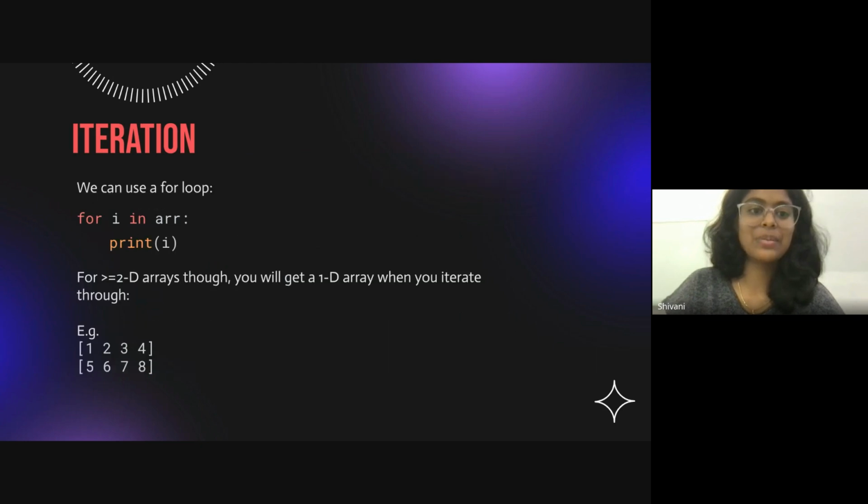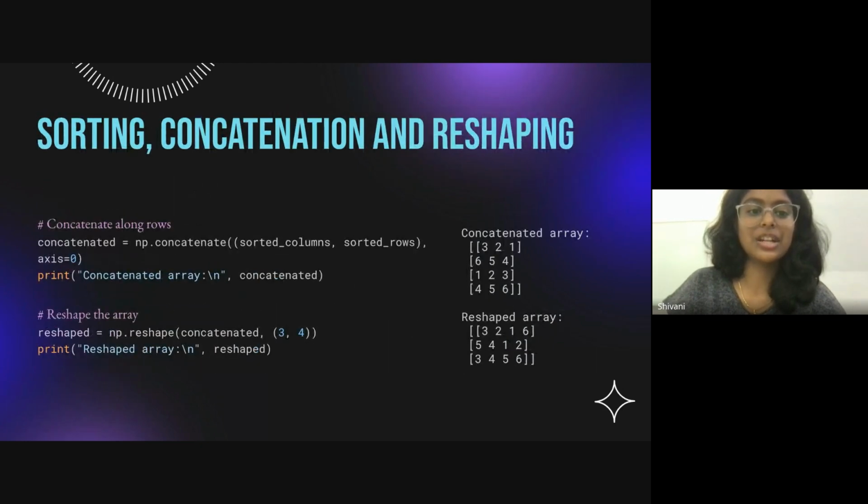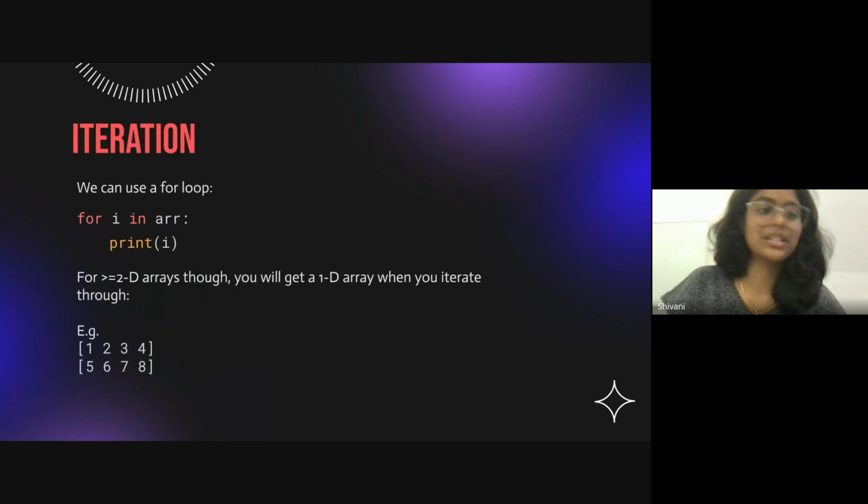So as we are done with sorting, concatenating, and reshaping, we'll be moving on to iteration. So we can also iterate through NumPy arrays like we do in Python lists. And a for loop will help us iterate through elements in the array, which includes a nested array. And for 2D or multidimensional arrays, we will get a 1D array as the element when we iterate through the array.